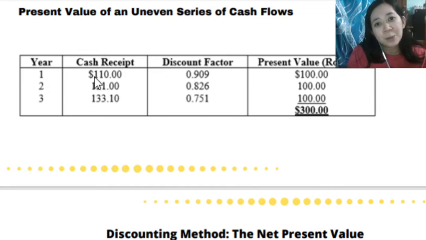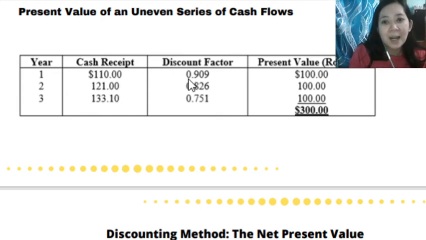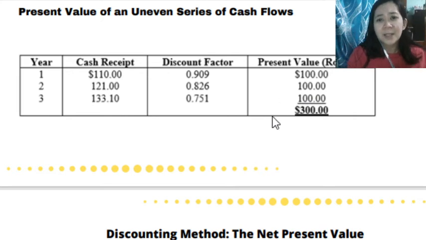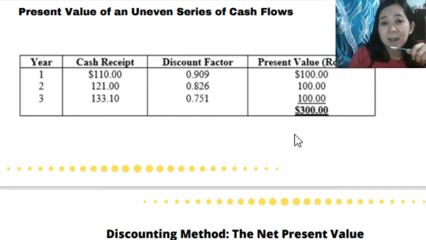We have to multiply the cash receipt with its discount factor located from the table. So this is its present value. For the second year, the same also, and in the third year. Meaning to say, the present value of the uneven series of cash flows is $300.